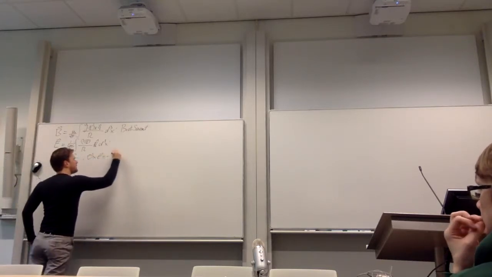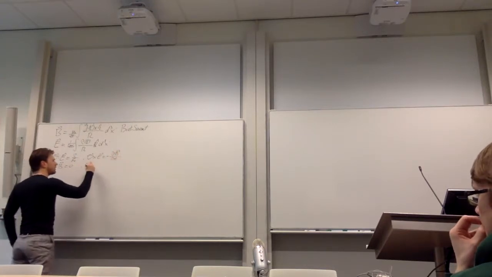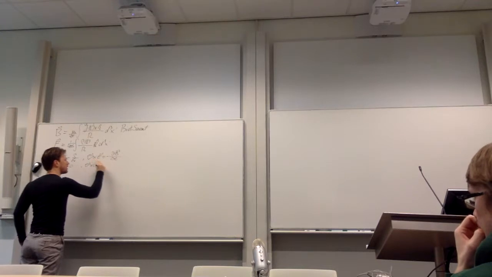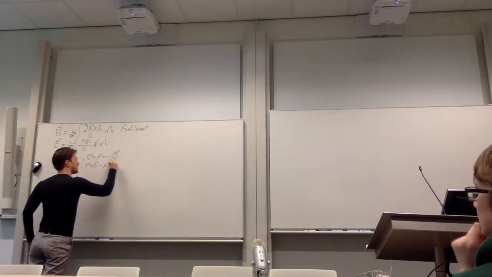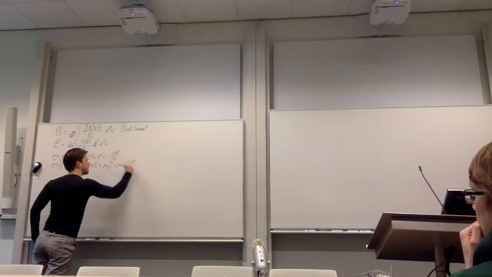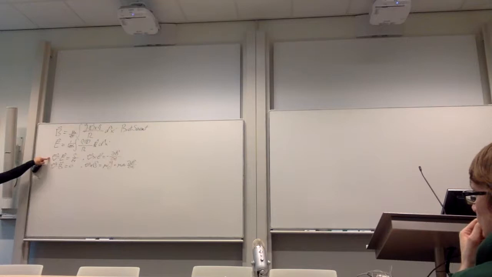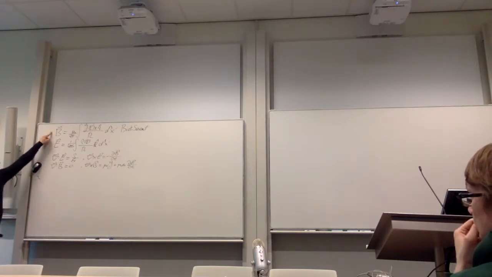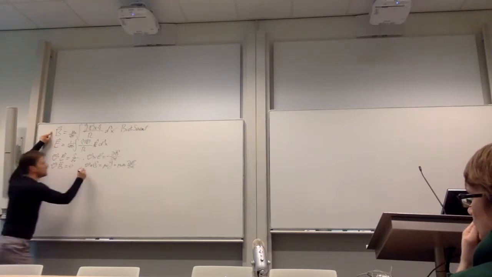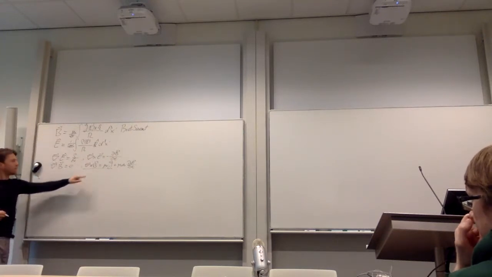I'm not entirely being correct right now. Let me comment on this in a second. This one is a direct rewrite of this one. This part is a direct rewrite of this one, only this part.